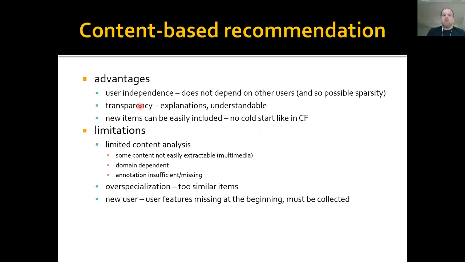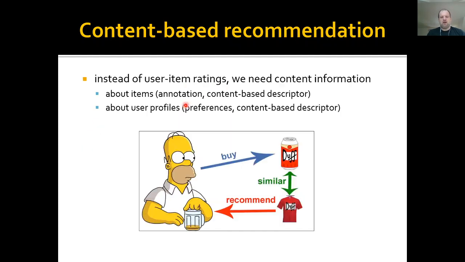It is also more transparent because it gives us a better explanation of the recommendation. If we look back at the Homer situation, we can say, okay, I recommend the t-shirt because of similarity to another product, and this is something quite semantic. These two items had some features in common. For example, this is Duff, this is Duff, so I can explain it better.